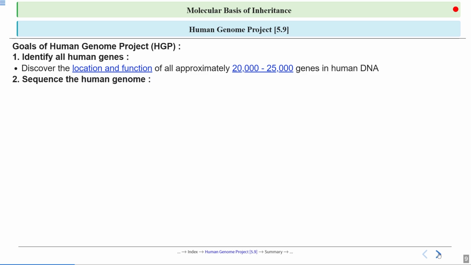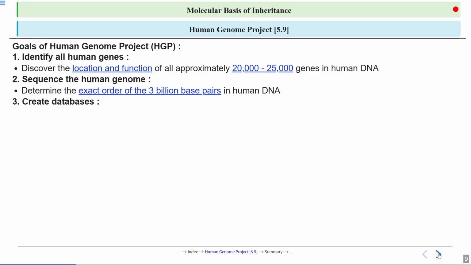Then what are the other goals? We have to sequence the human genome, determining the exact order of the 3 billion base pairs in human DNA. Then we have to create databases.